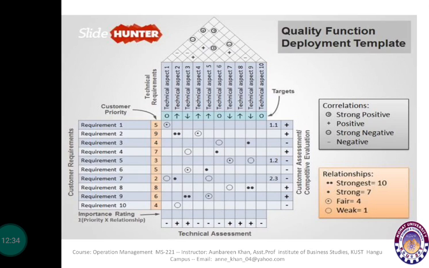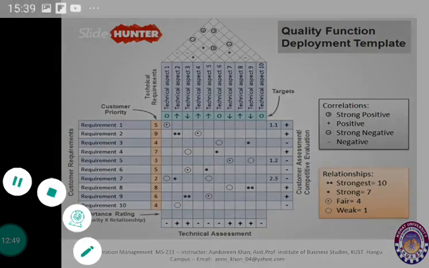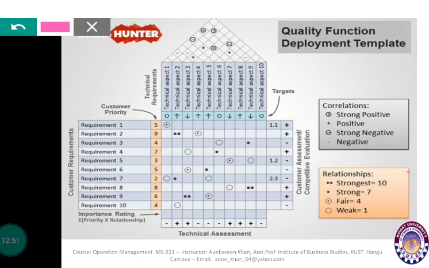So this is also called the quality function development template, that is also helpful to understand the customer needs and demands on a priority basis. That is also helpful for a technical assessment of the product and service design. It has a relationship where strongest is given 10 points, strong is given 7, fair is given 4, and weak product and service design is given a 1.